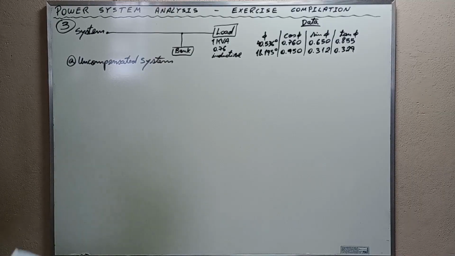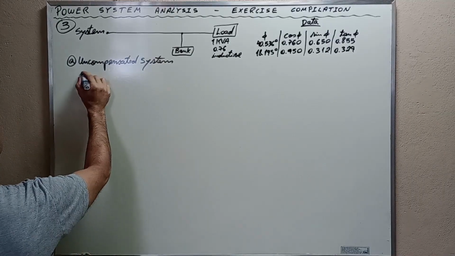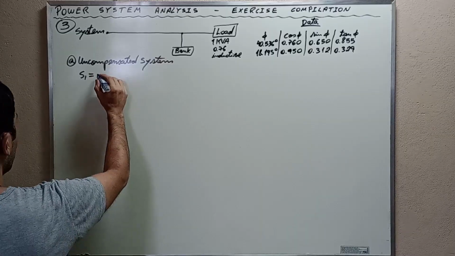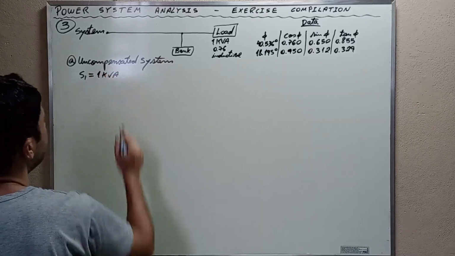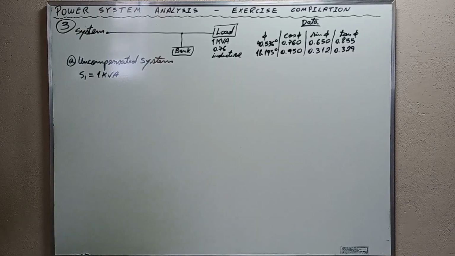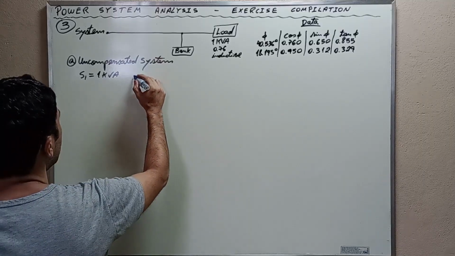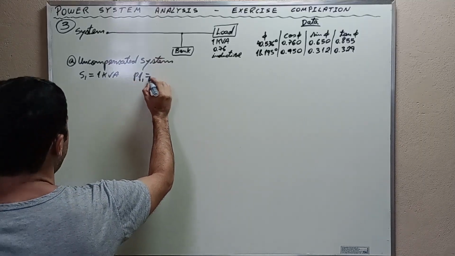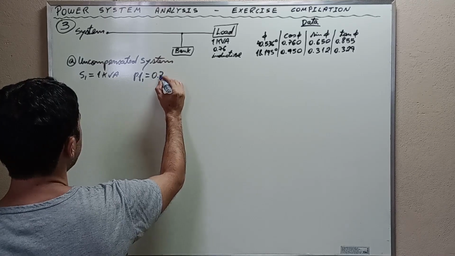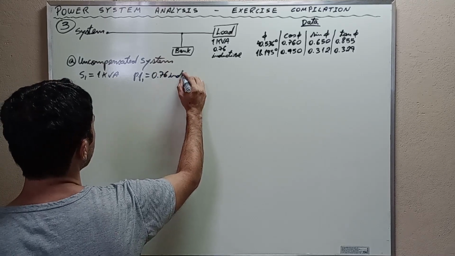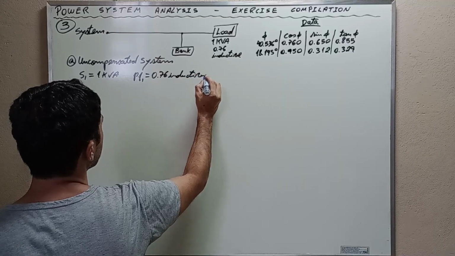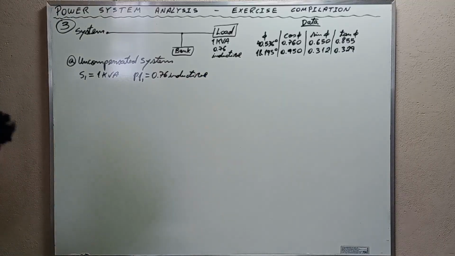The exercise said that S1 is equal to 1 kVA. This is the apparent power of the load under an inductive power factor of 0.76. Okay? This is the condition of the uncompensated system.